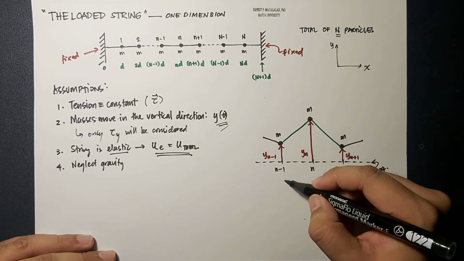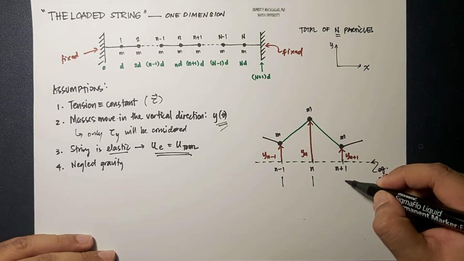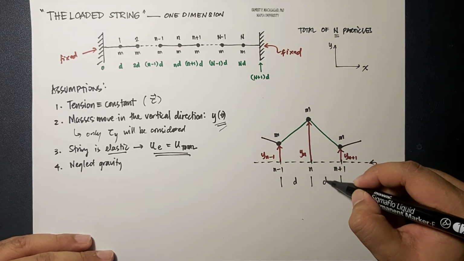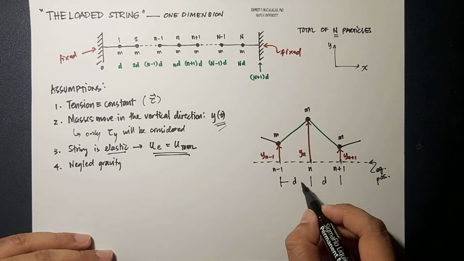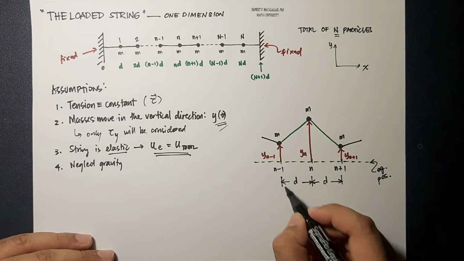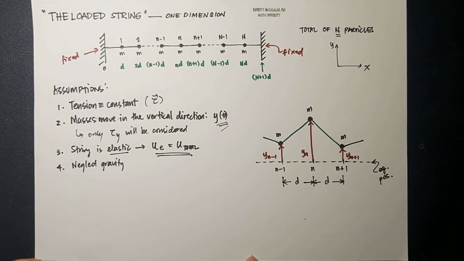So the distance between this and this and this and this will be d. Okay, now we are set up.